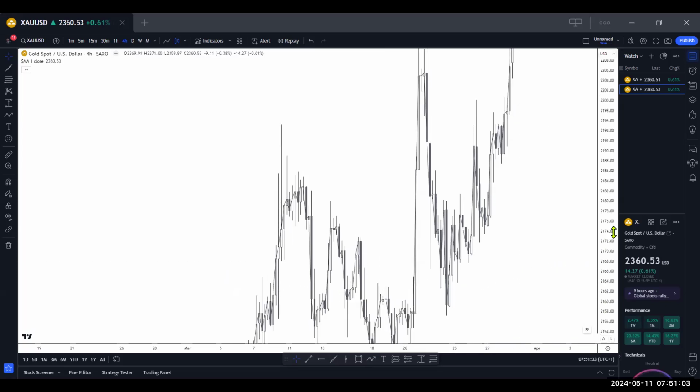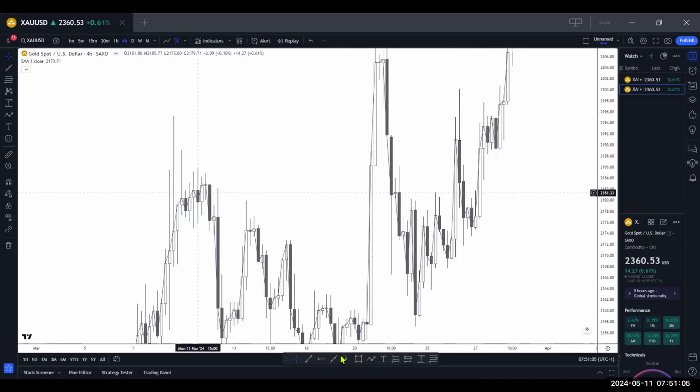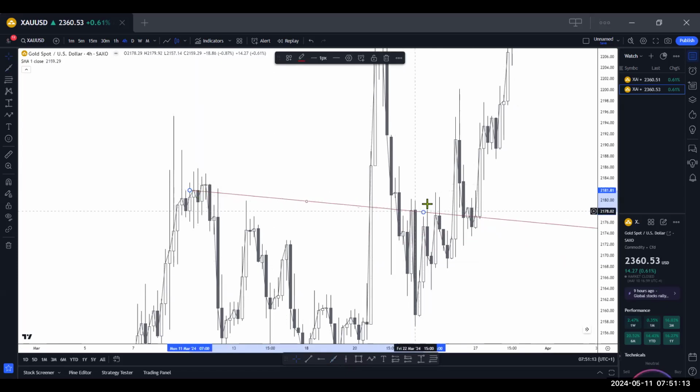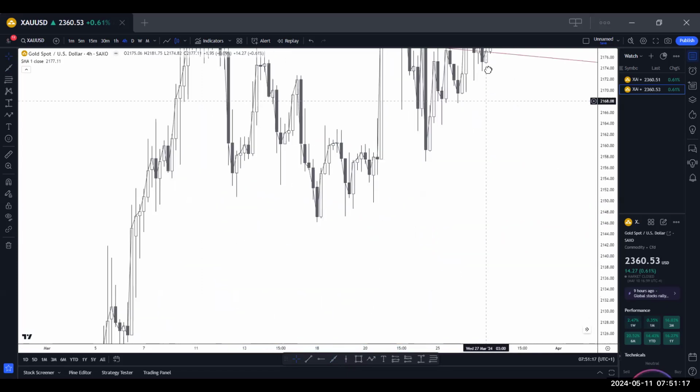Right, see one right here. Okay, left shoulder, right? First touch, second touch, guys. And then you have your entry.